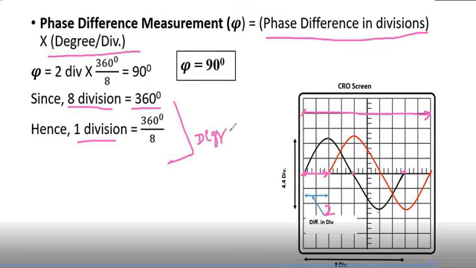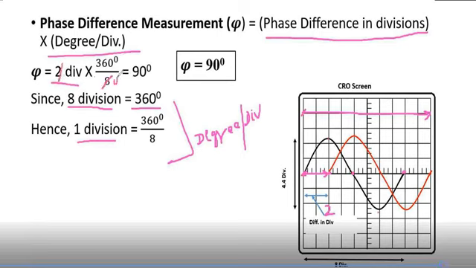We will put this value in the formula: phase difference is equal to phase difference in division multiplied by degree per division, that is denoted by letter phi. We know phase difference in division, that is 2 divisions.